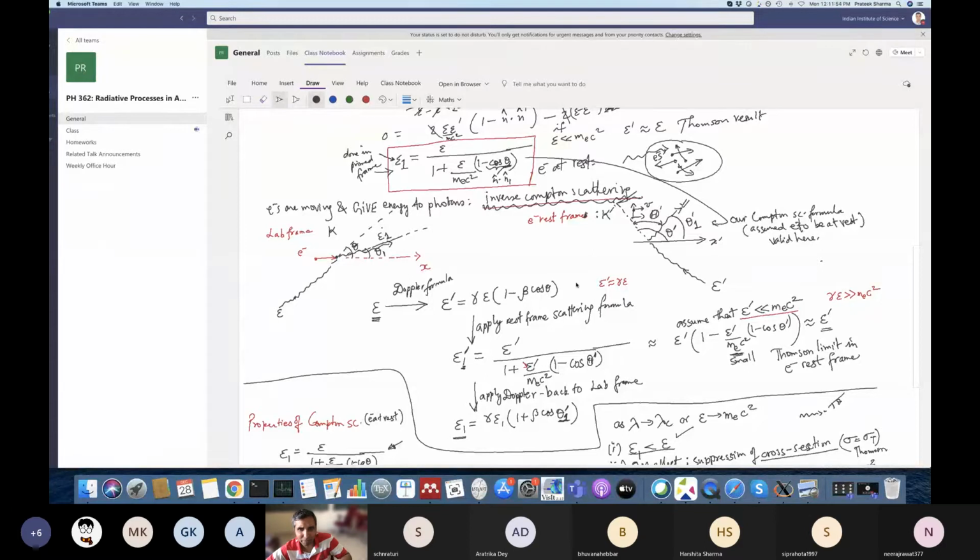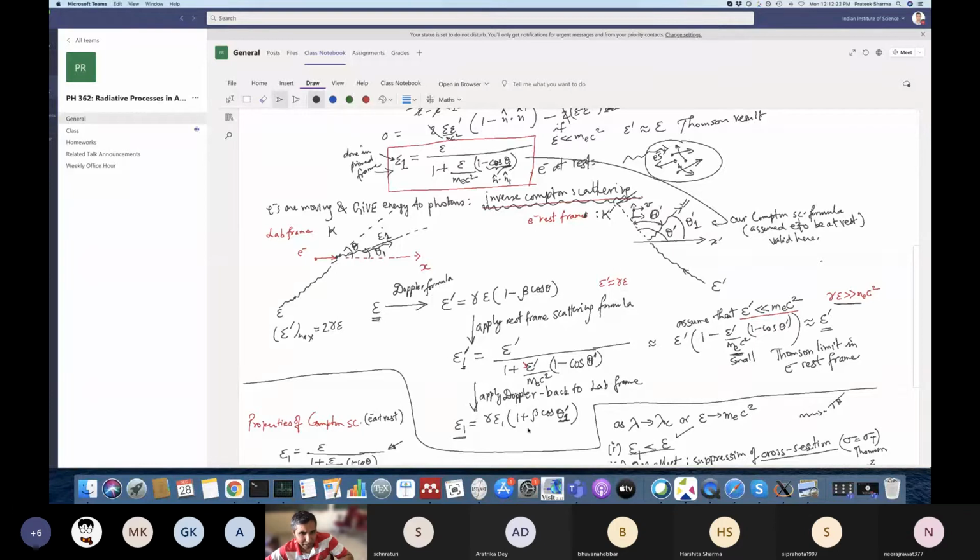So basically the maximum value, epsilon prime max, for all the distributions of thetas is equal to 2 gamma epsilon. And if it is still in the Thomson limit, that is, epsilon prime is less than m_e c squared, in that case we have epsilon 1 prime equals epsilon prime.